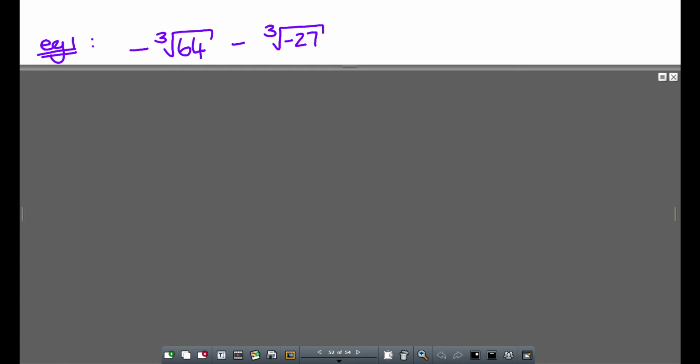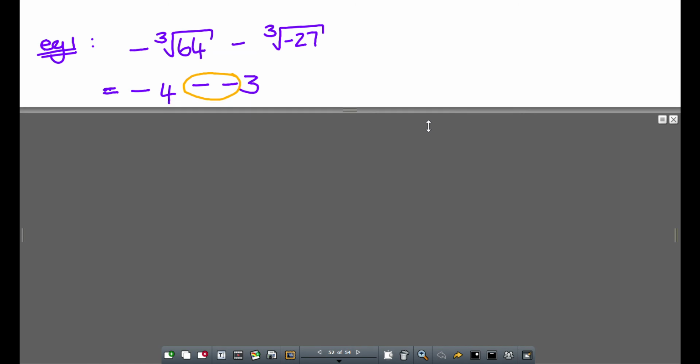Okay, example 1. Negative cube root of 64 minus cube root of negative 27. Don't worry about that negative inside because it's a cube root, so we are allowed to have it. We're not allowed to have a negative inside a square root, but this is not a square root. So that negative in the beginning is going to stay negative.